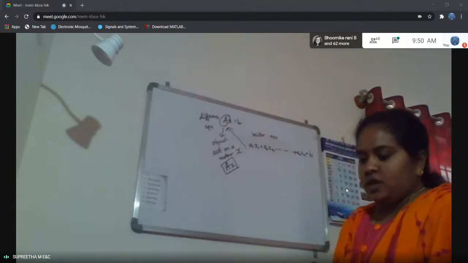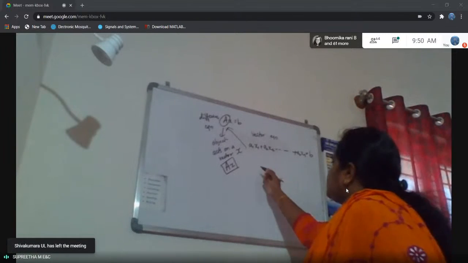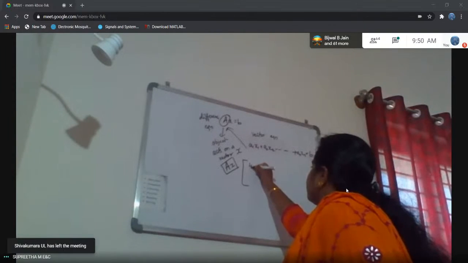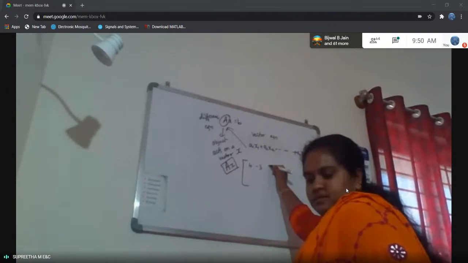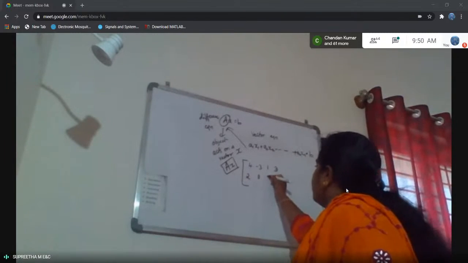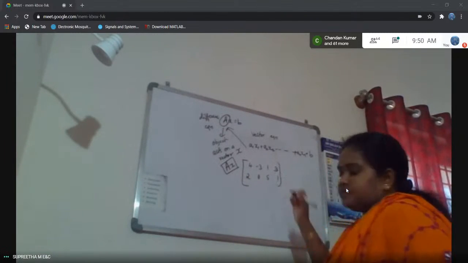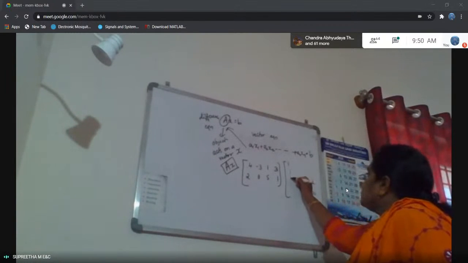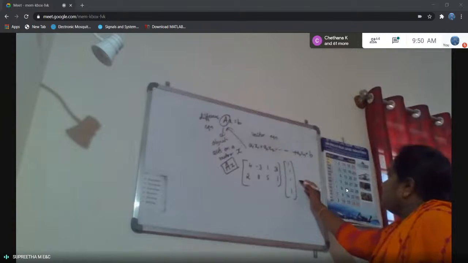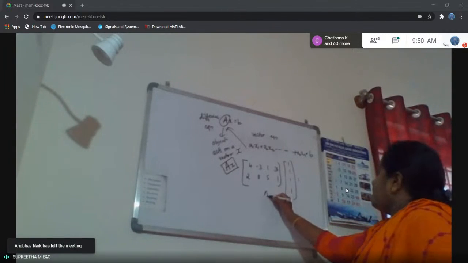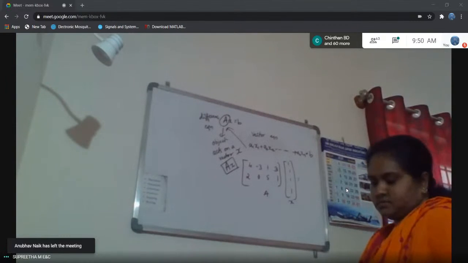Now let me consider another matrix A, which is 4, minus 3, 1; 3, 2, 0; 5 and 1, and your vector x to be all ones. Can you tell me Ax? This is your A and this is your x.